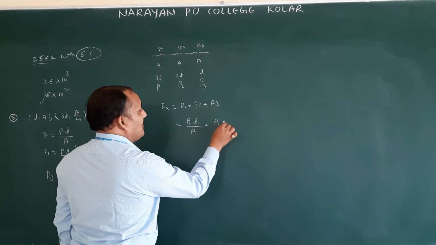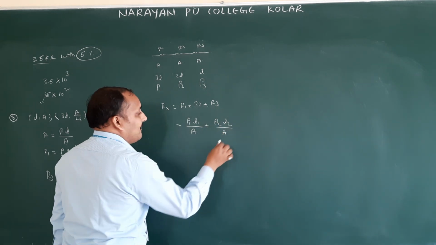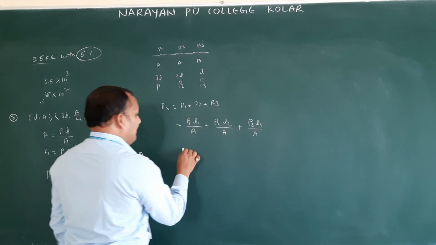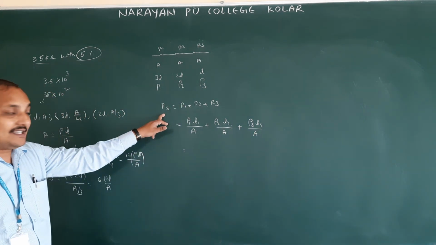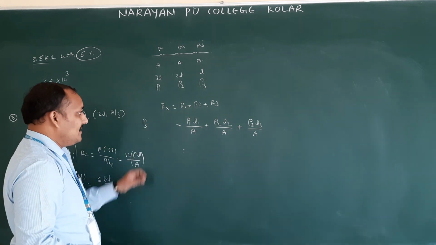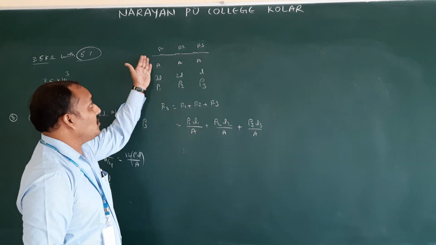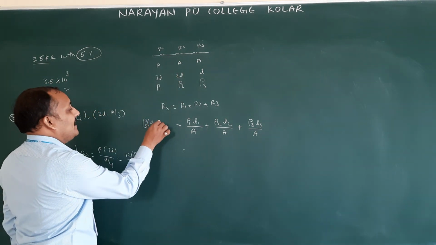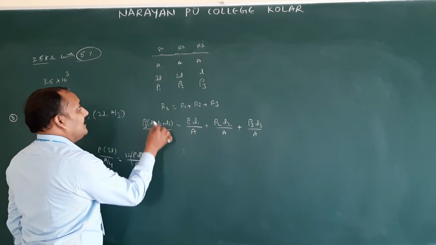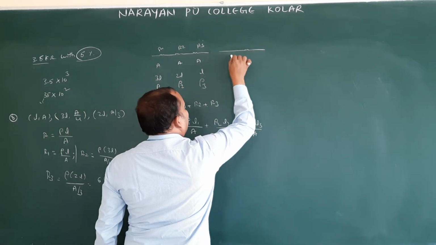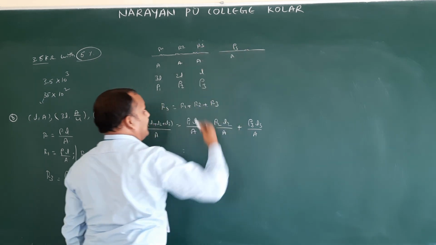Plus rho 2 L2 by A plus rho 3 L3 by A. The left-hand side is the resultant Rs, therefore rho S times the total length, which is L1 plus L2 plus L3. The area of cross section is the same, so the resultant wire also has the same area of cross section.